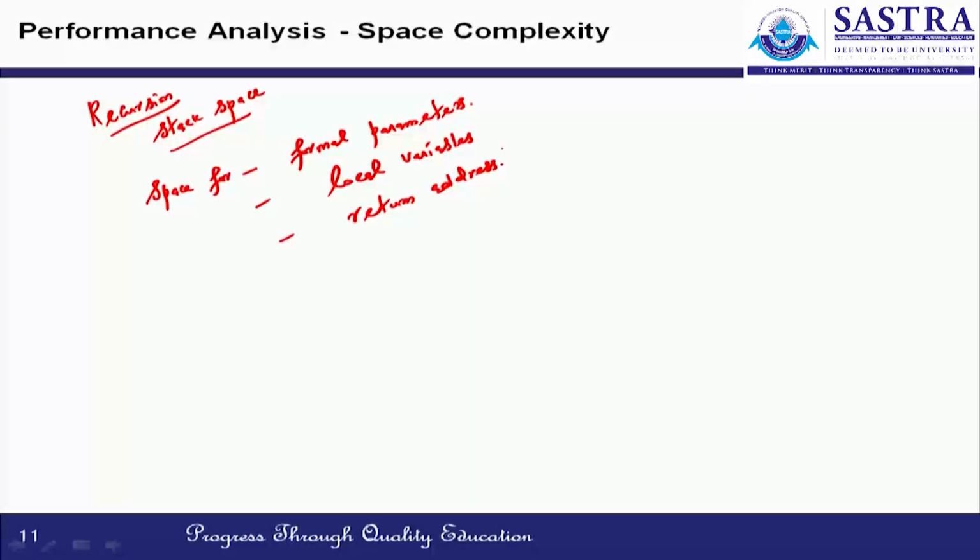In each recursion, space is required to hold the corresponding formal parameters of the algorithm call. Then it includes the memory for the local variables, and the memory for the corresponding return address.